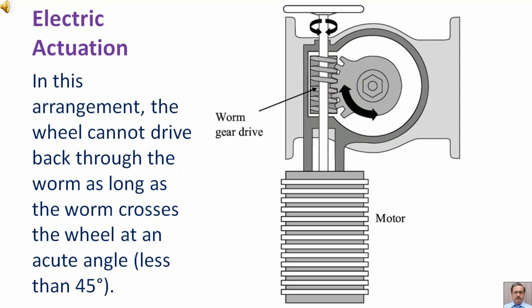In this arrangement, the wheel cannot drive back through the worm as long as the worm crosses the wheel at an acute angle, which is less than 45 degrees.